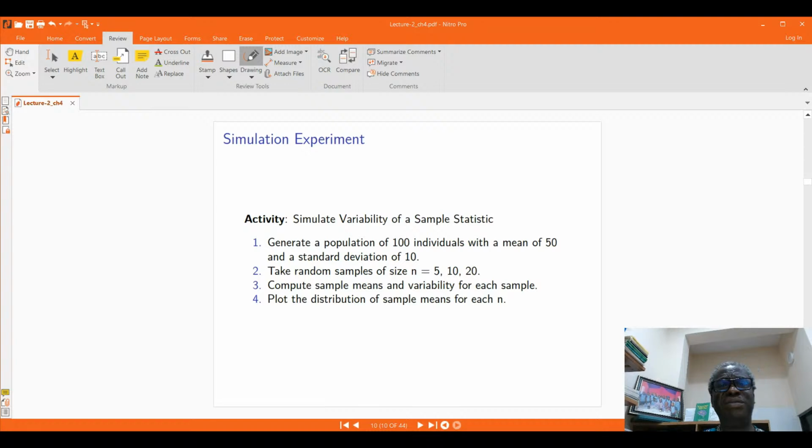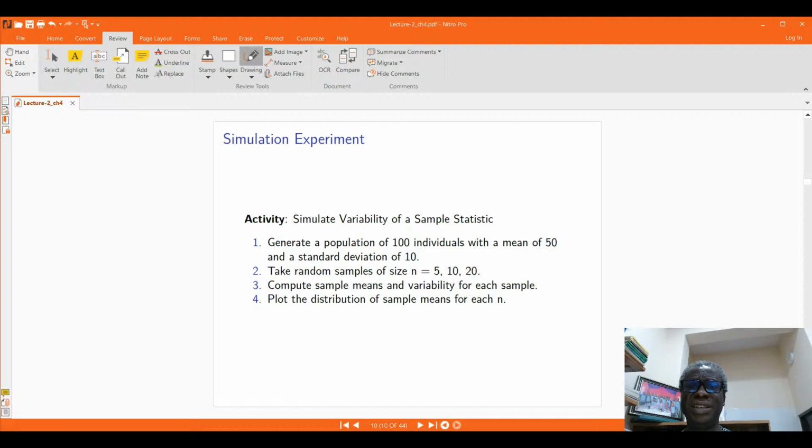So let's perform an experiment just to look at how these properties behave. In this experiment, we want to simulate variability of a sample statistic. The first step is that we will generate a population of 100 individuals.